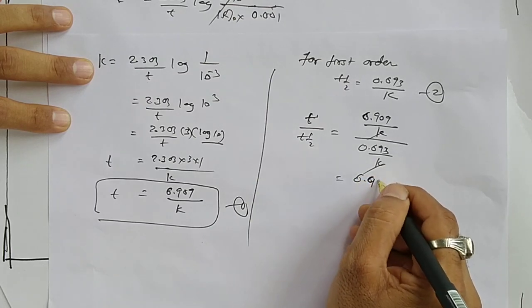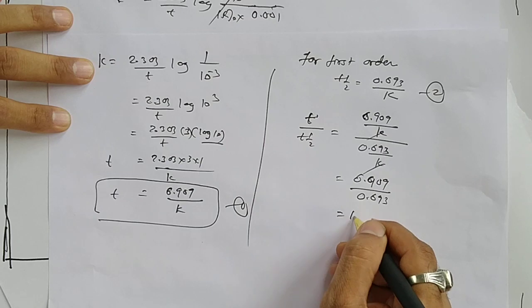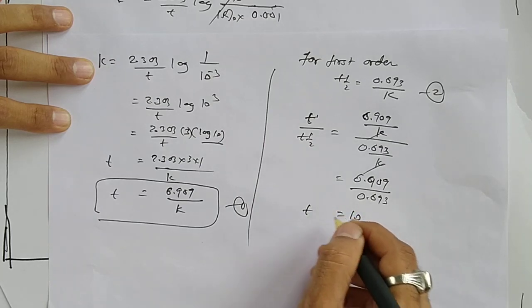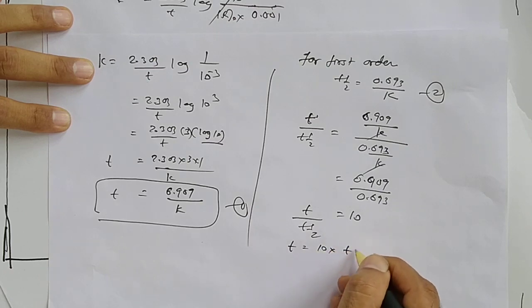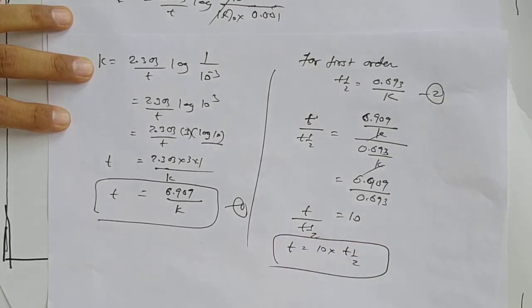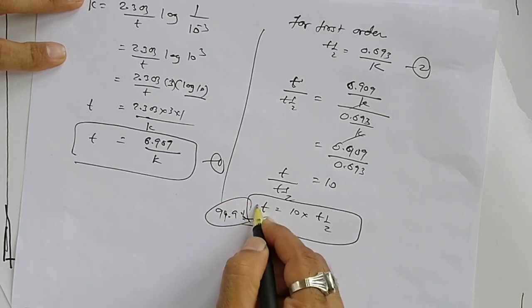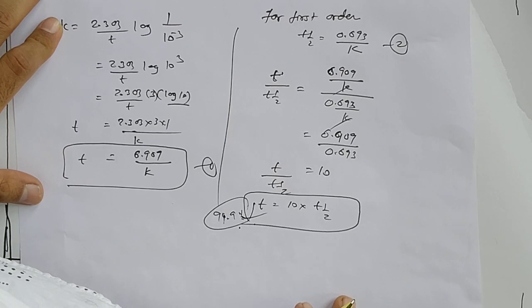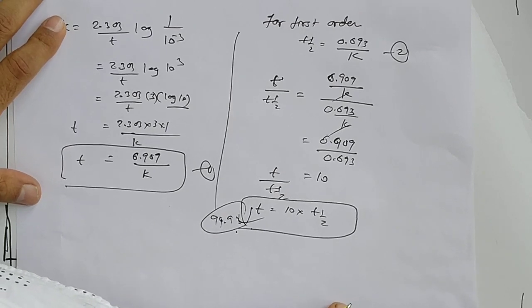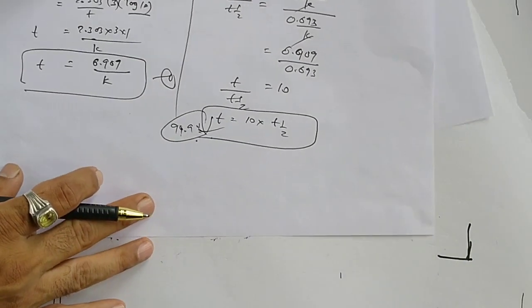So 6.909 divided by 0.693 is roughly 10. So T is equal to 10 into T1/2. So completion time of 99.9% reaction is 10 times the T1/2 of it. Understood?